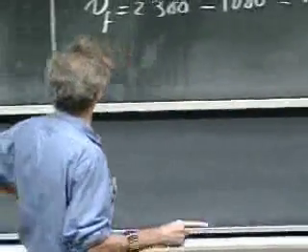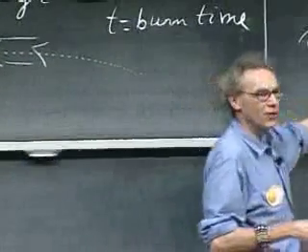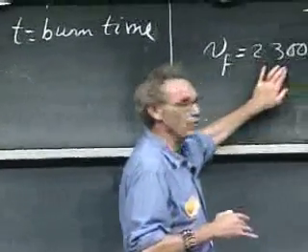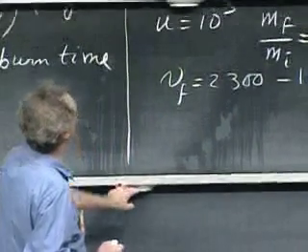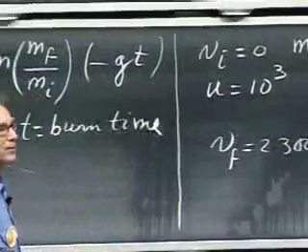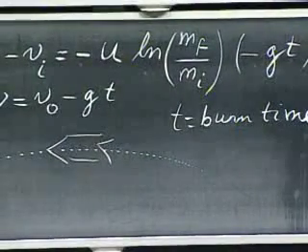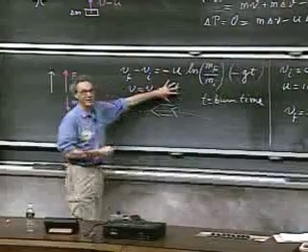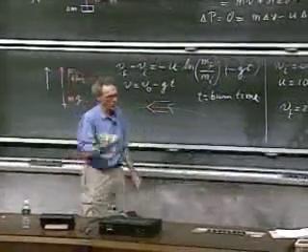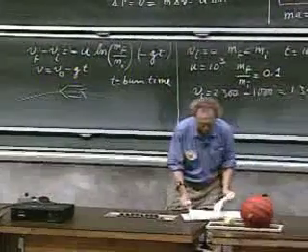And therefore, if you fire this rocket for 100 seconds, the change in velocity, the tangential change, will also be 2300 meters per second. You cannot say there is gravity, and therefore we have to take the gt term into account. It would be the same for this equation. If you had an object going in this direction, this minus gt term wouldn't be there either. It's only when you deal with a vertical motion.